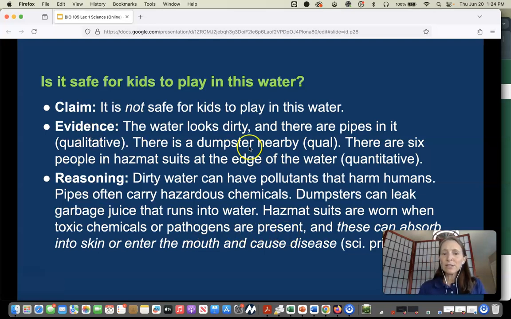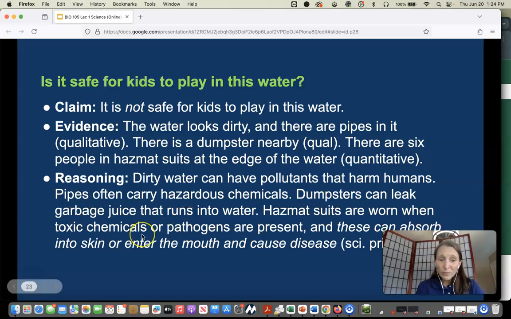So here's the evidence, and then I jumped into the reasoning of why that evidence supports our claim. Dirty water can have pollutants that harm humans. Pipes often carry hazardous chemicals. This is all reasoning as to why that evidence is supporting that claim. Dumpsters can leak garbage juices that run into water.